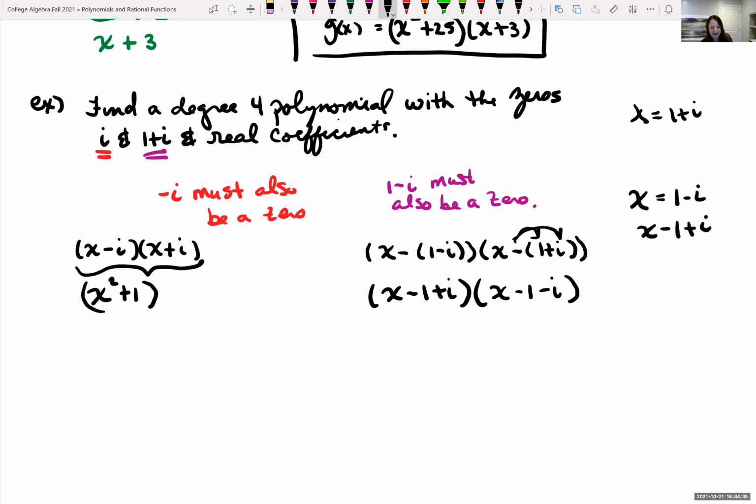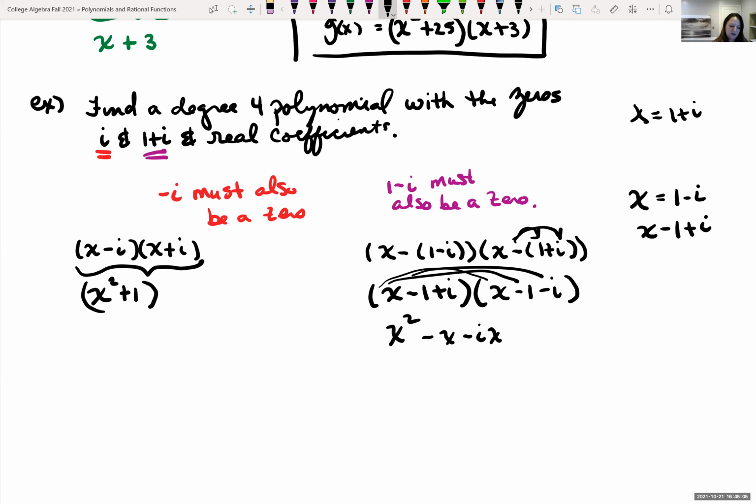If you multiply out factors with conjugate pairs, it should come out that your coefficients are always real. So if you don't get real coefficients at the end when you simplify, then you know you did something wrong. So let's just distribute. We got x times x is x squared, x times negative 1 is minus x, x times negative i is negative ix.